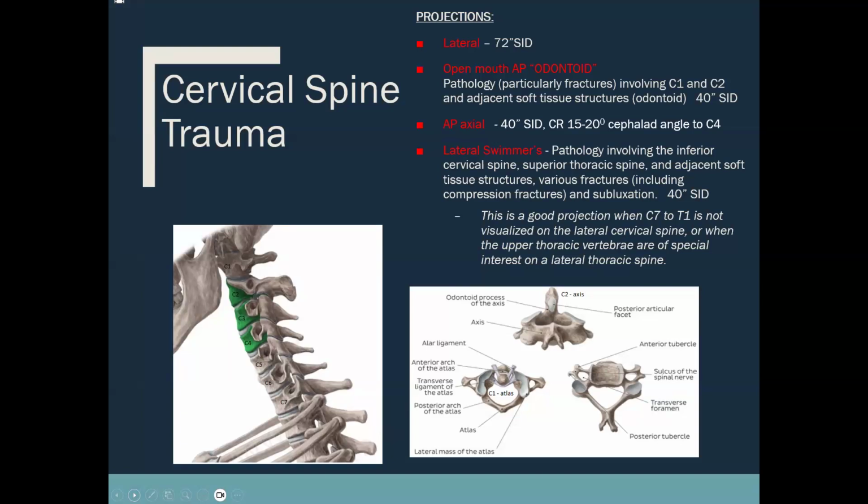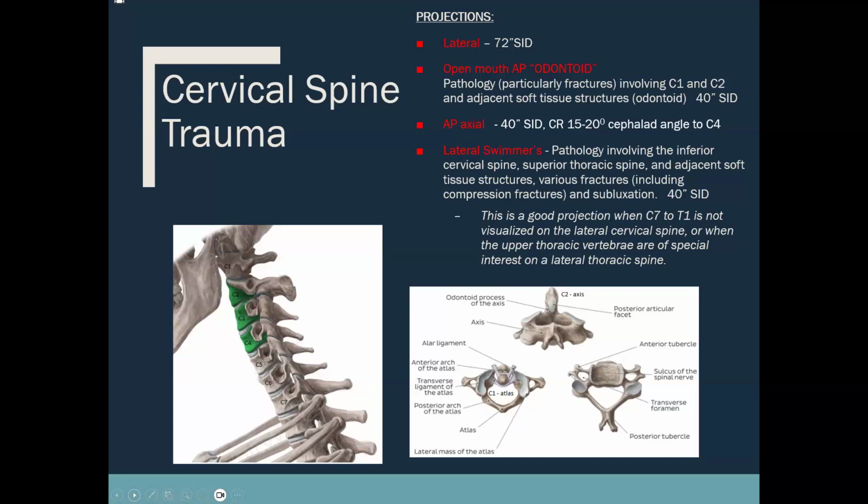Do an odontoid. You can ask them to open their mouth. They might be able to do that. You can do that AP axial projection. Again, 45 degrees. Central ray is 15 to 20 degrees cephalad to enter at C4, and a swimmer's projection. And this is when you cannot see C7.